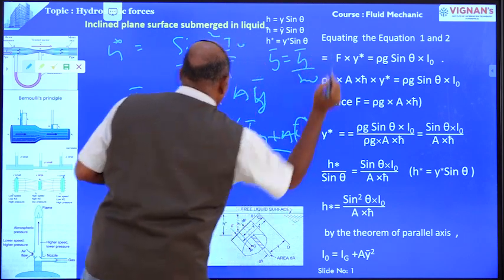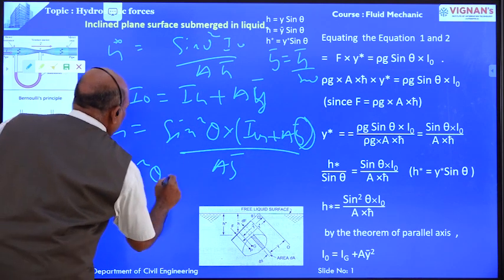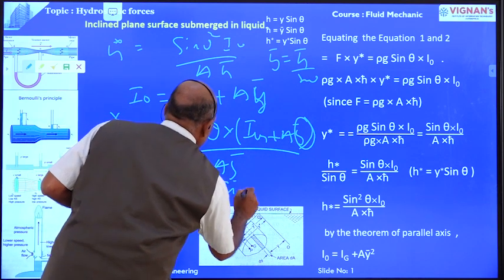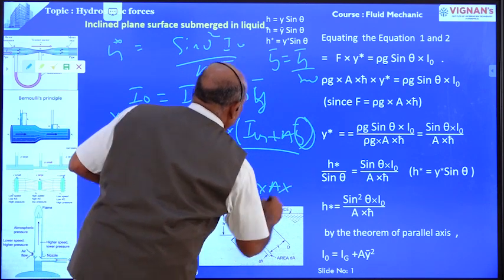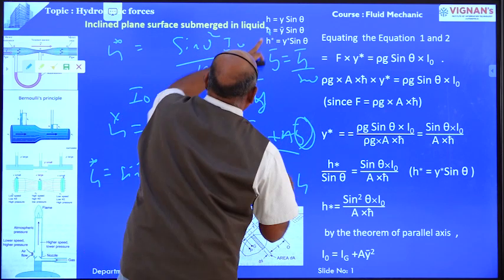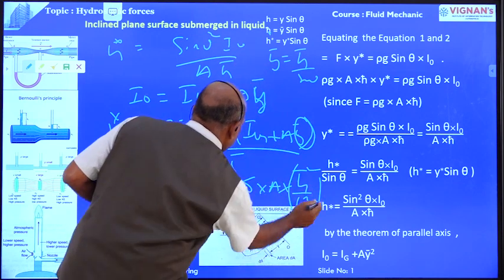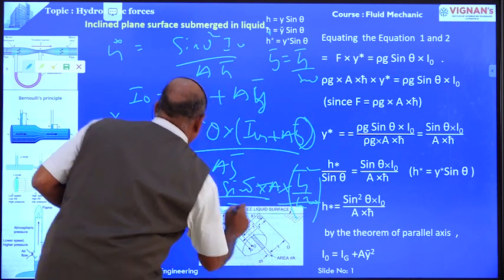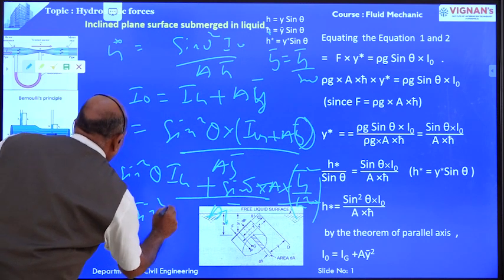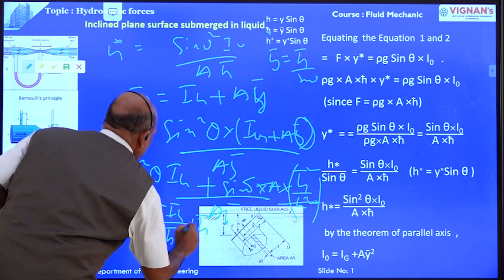Then h star is equal to sin square theta into I G plus sin square theta into a into h bar square divided by sin square theta, which cancels, divided by a y bar. Therefore h star is equal to sin square theta I G divided by a h bar, plus h bar.